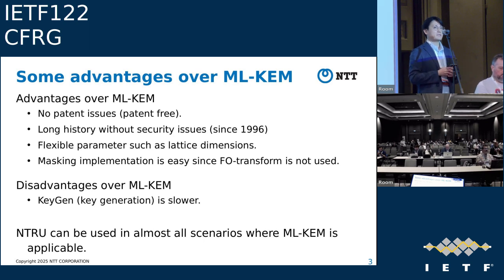Such flexibility doesn't exist in MCAM, and flexibility enables optimizing performance or security or balancing them, depending on the application. Last, N2 is masking friendly. It's very easy to do the masking implementation because it doesn't use the F4 transform.